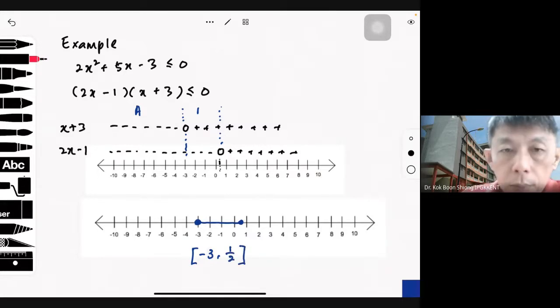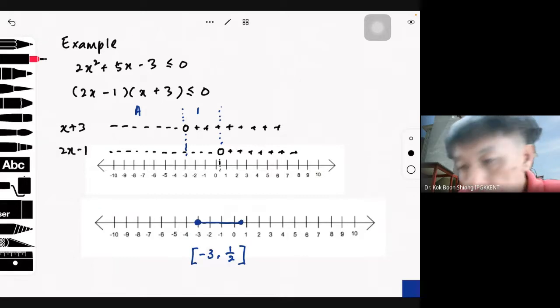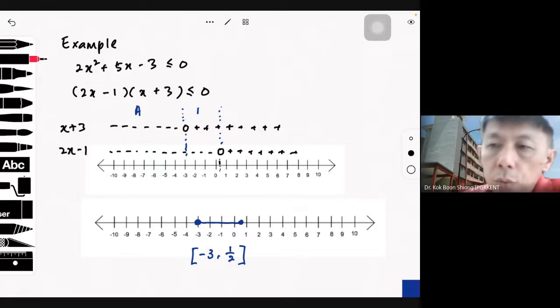So this is the answer, using sign graph.